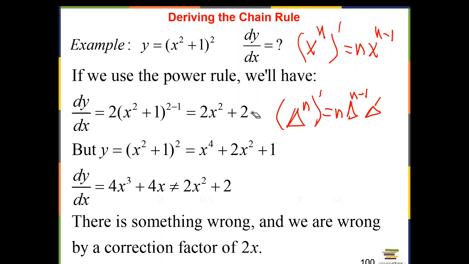So the derivative of a composite function is not this right here. You don't apply the formulas for composite functions. What do we do? Well, let's see. It looks like we are wrong by a factor of 2x. And it looks like that factor of 2x is the derivative of the inside function that we had to multiply by, right?